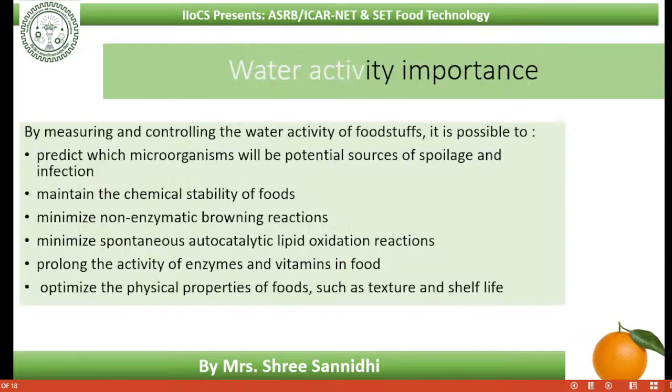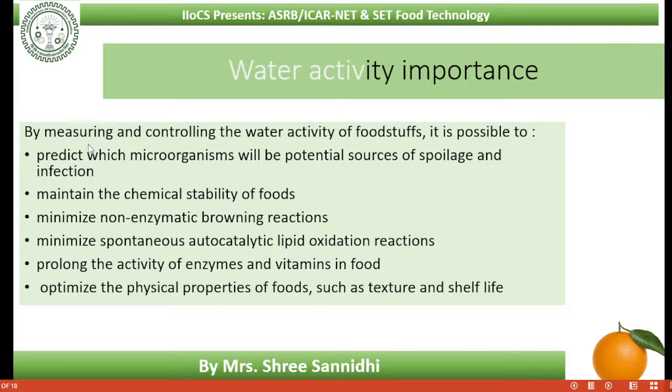Okay, yeah. So let us see the importance of water activity in the food industry. By measuring and controlling water activity of foods, it is possible to predict which microorganism will be potential sources of spoilage and infection.